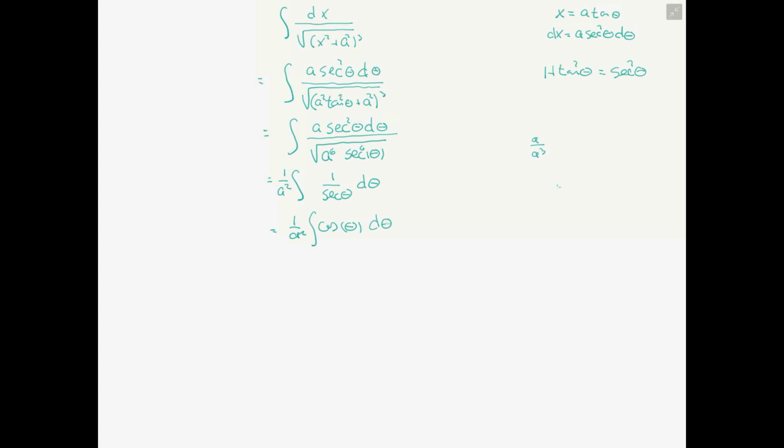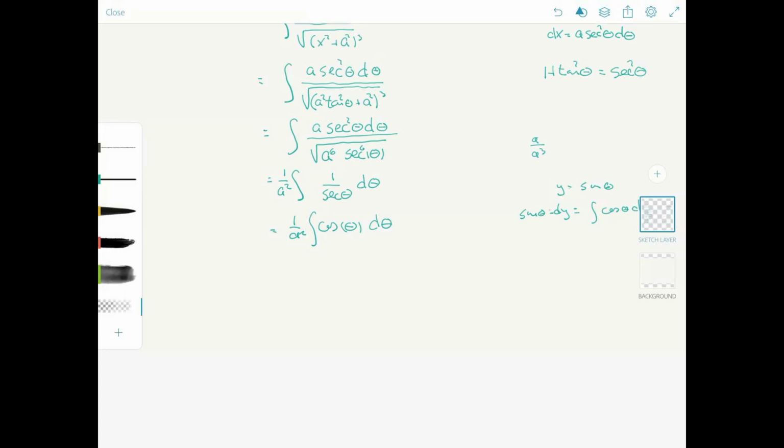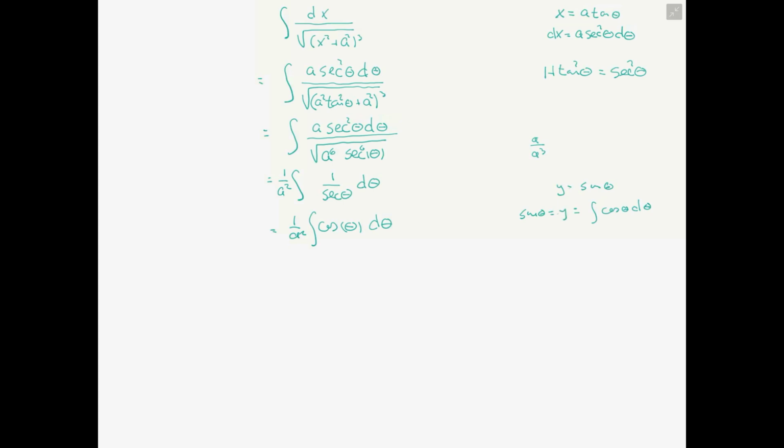And we know that y equals sine theta, dy equals cos theta d theta. So sine theta equals, and I should make this more accurate. You gotta be careful. So that's what we've got. So here we've got 1 over a squared sine theta plus c. Now we go back to the original.